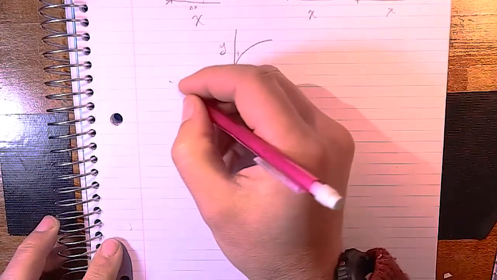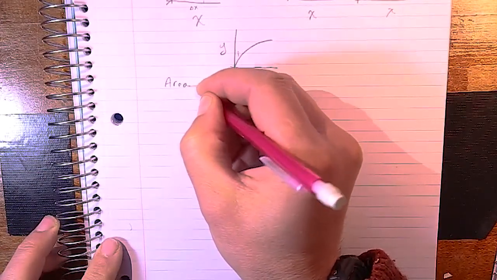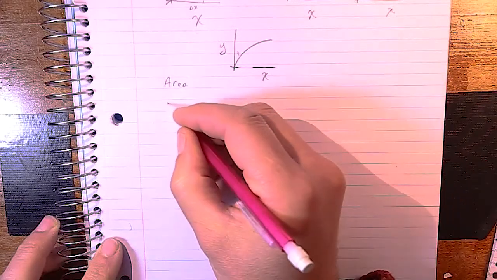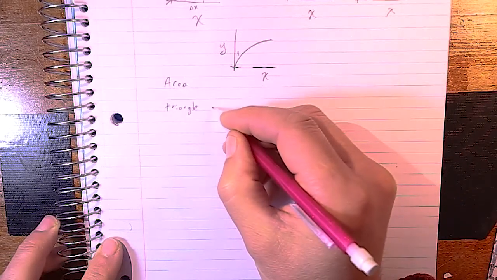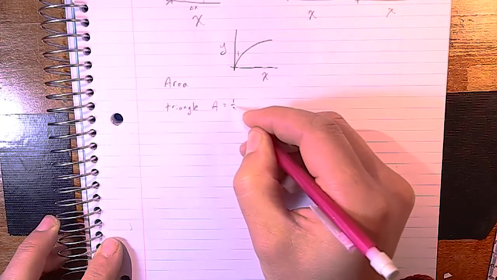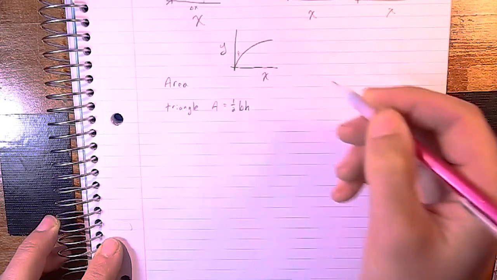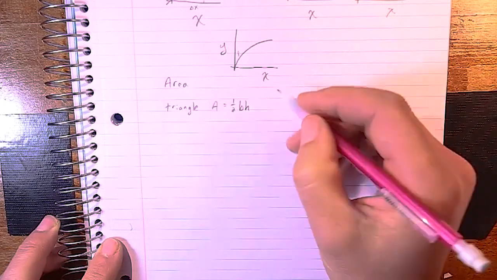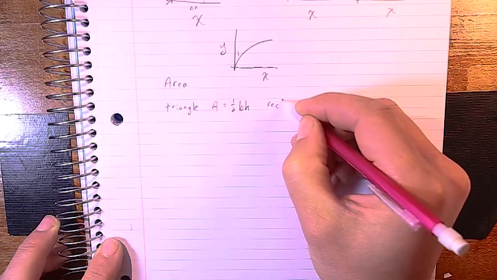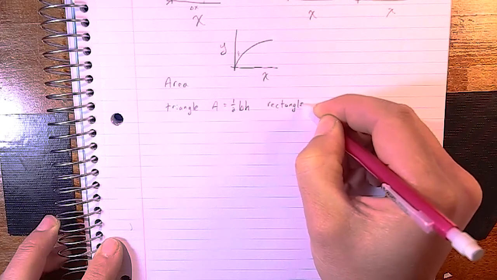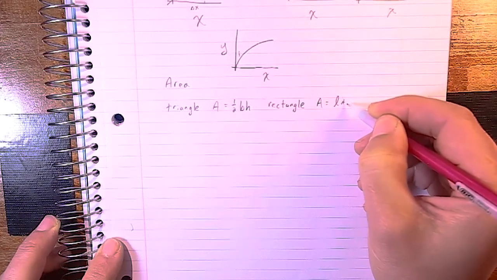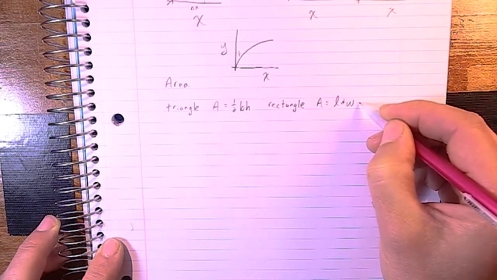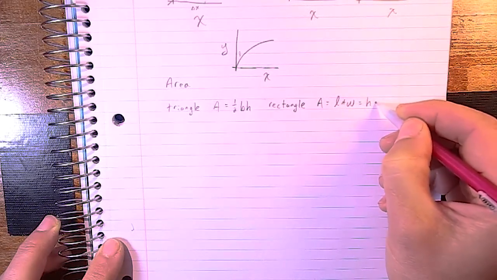Okay, what about area? There are two formulas for area. For a right triangle, the area is equal to 1/2 base times the height. And for a rectangle, the formula is area equals length times width, or in a lot of cases, we'll be doing height times width.